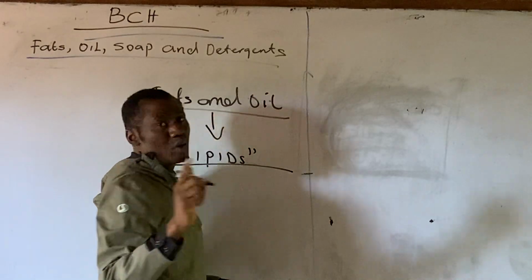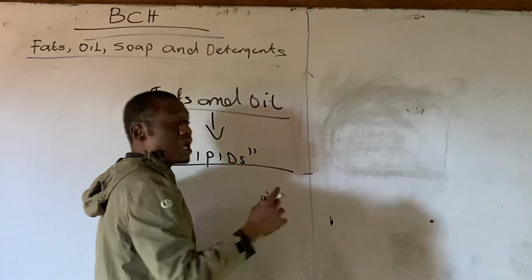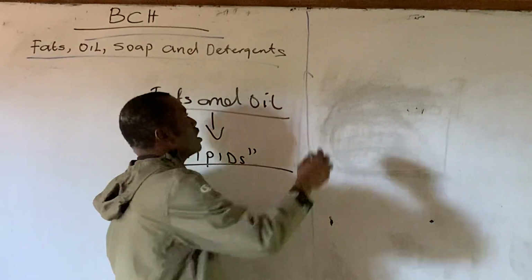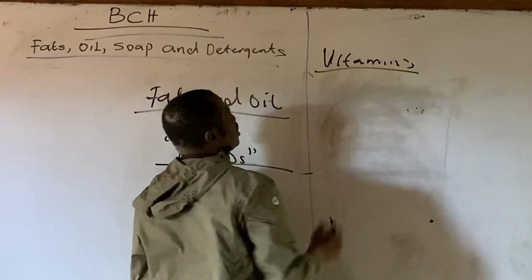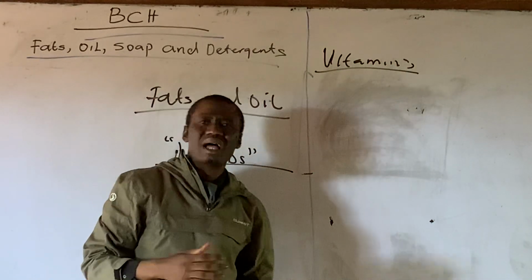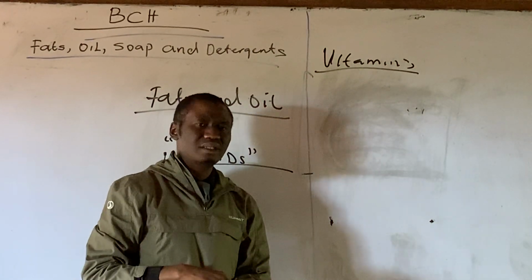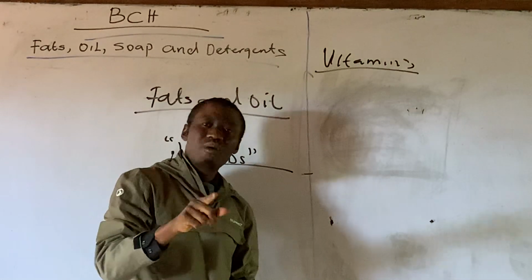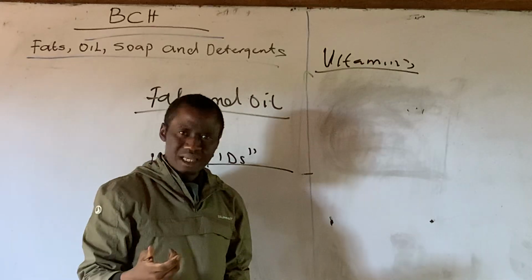Well, there are a lot of those examples, but I'll give you some of those, the ones that you are familiar with. So we're looking at vitamins. Vitamins are examples of lipids. You know there are 2 types of vitamins. We have fat-soluble vitamins and we have water-soluble vitamins.